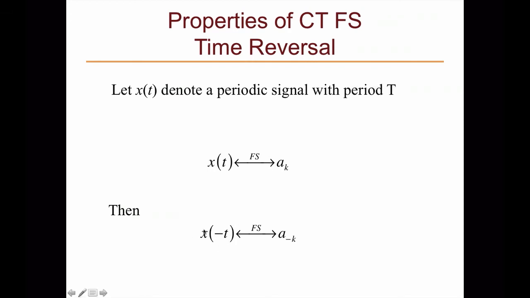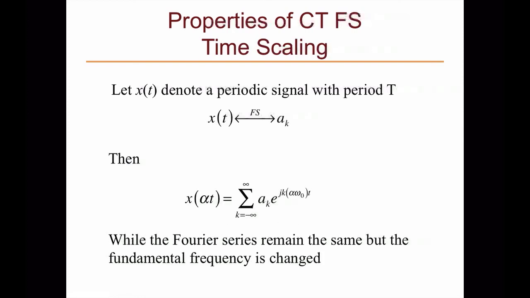So if the signal is an even signal, meaning that x(t) equals x(minus t), then ak would equal a minus k as well. But if the signal is an odd signal, then you would have frequency components that reflect the time domain as well. The time scaling, which is an important property for the sampling theorem.